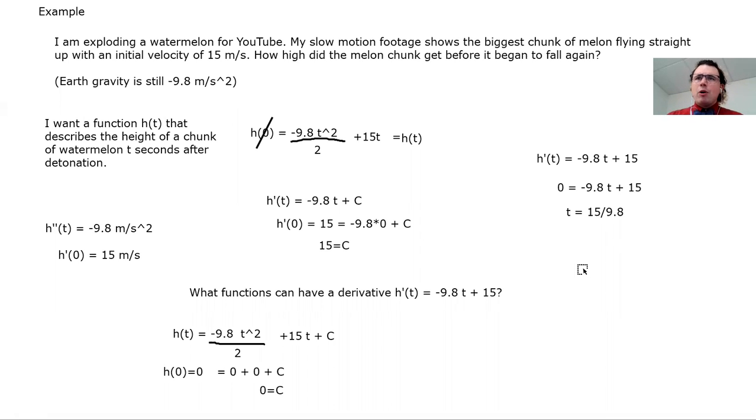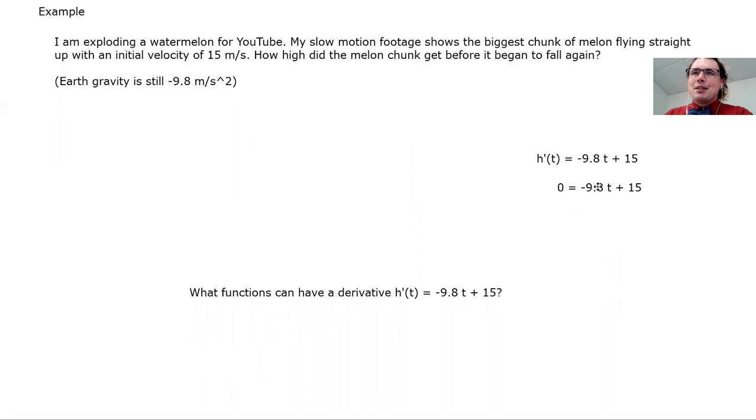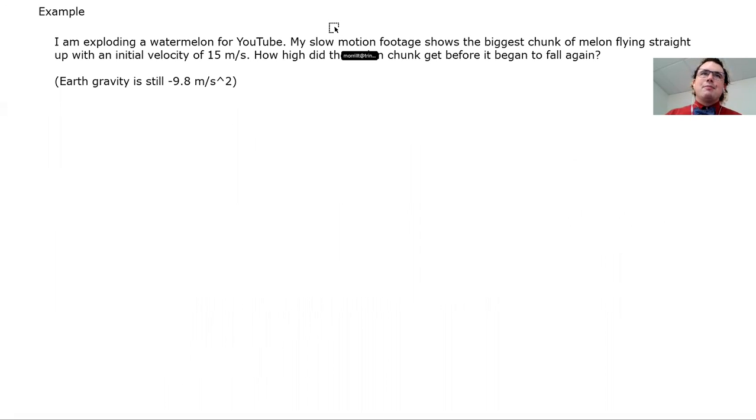Now, one thing I want to point out here is that the numbers in this formula are not an accident. Anytime I have one of these physics type questions, if I say I have initial velocity, and I'll need some variable for that, let's call that v, and I have some initial height, let's call that, well, I'm already using h, let's use p for initial height.